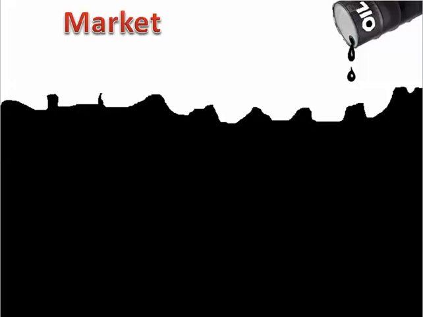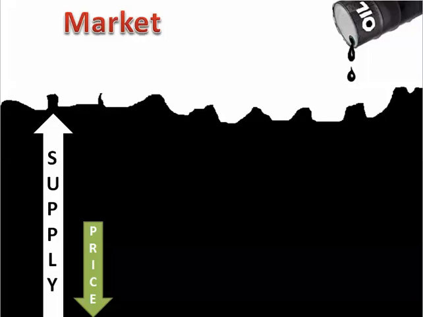So Rockefeller believed that his competitors reduced profits because they flooded the market with refined oil, creating a huge supply, and the price of oil is going to drop. Under the law of supply and demand, supply and price are inversely proportional. What that means is when supply goes up, the price goes down, and the opposite, if the price goes up, supply goes down. If the supply goes down, the price will go up.